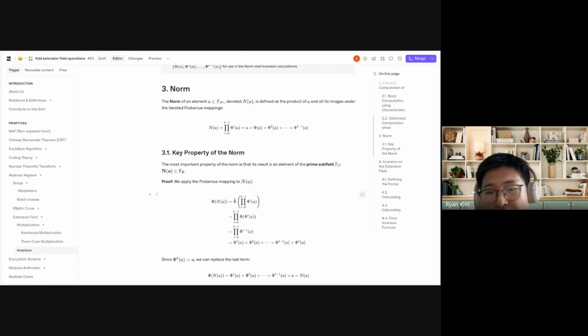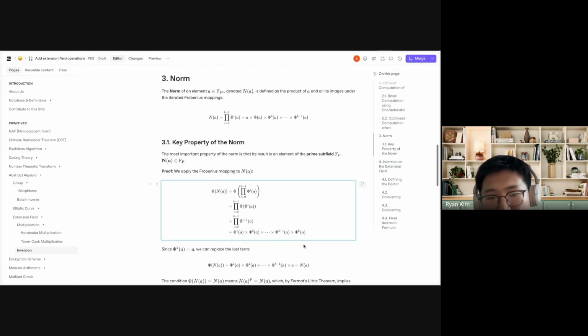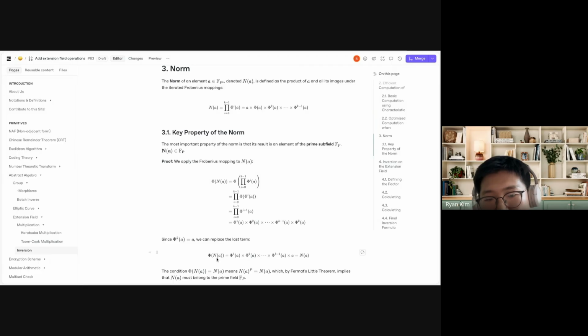Then phi can come inside these parentheses, and we get phi 1 of a, phi 2 of a, phi to the k minus 1 of a, phi k of a. And since phi k of a is a, phi of N of a is N of a.